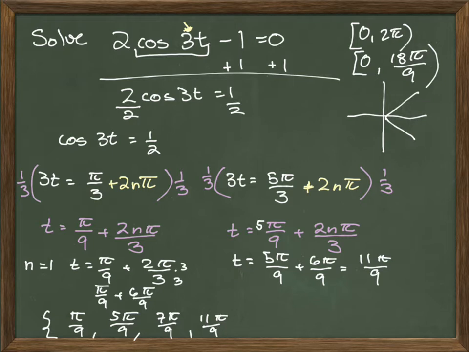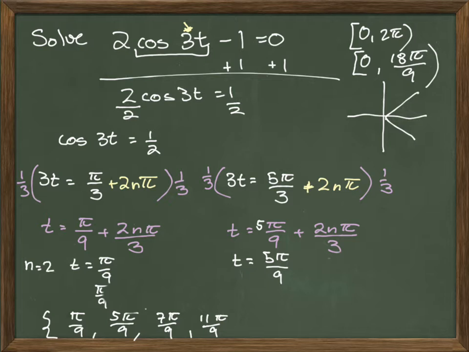I'm going to use n equals 2. So if n is equal to 2, we get pi over 9 plus 4 pi over 3.